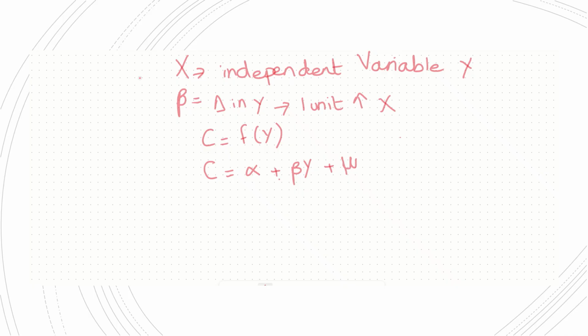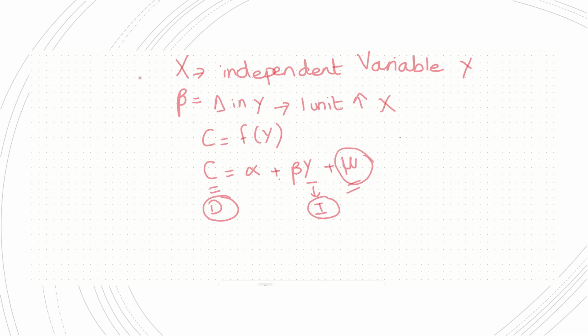Here C is your dependent variable, Y is your independent variable, and you want to see the effect of income on consumption. Your consumption not only depends on your income, there are other factors, which is the error term. So this is the equation that you want to check.